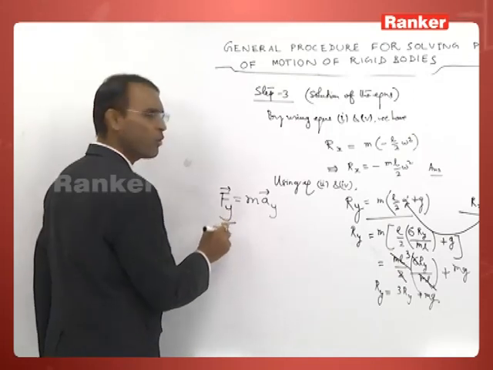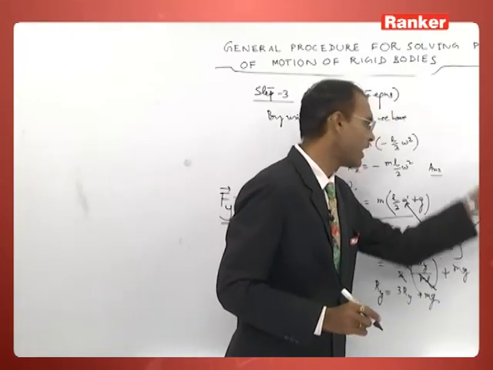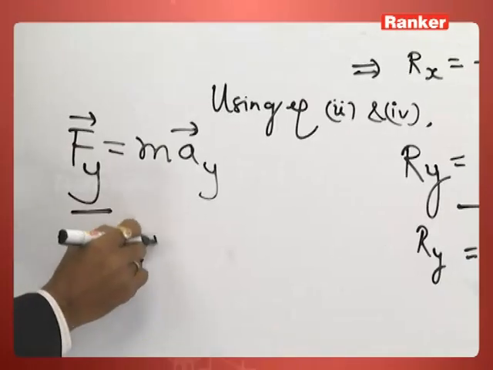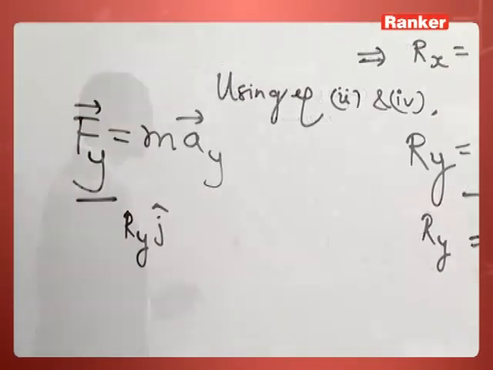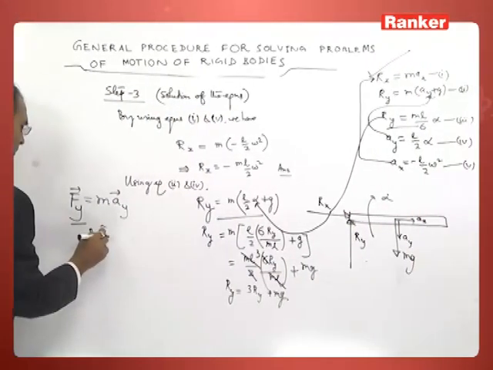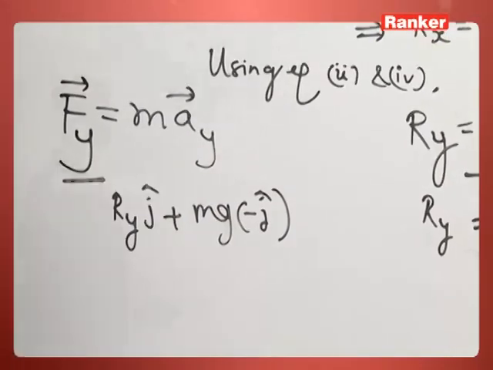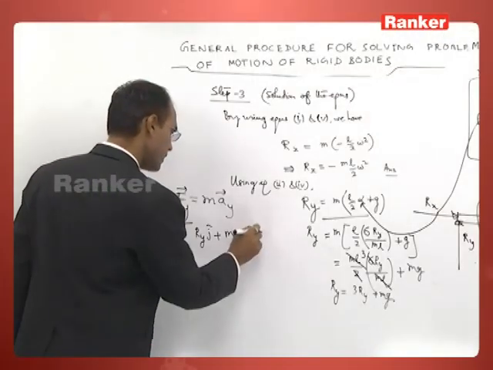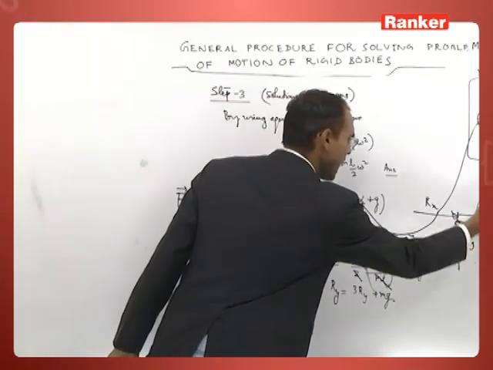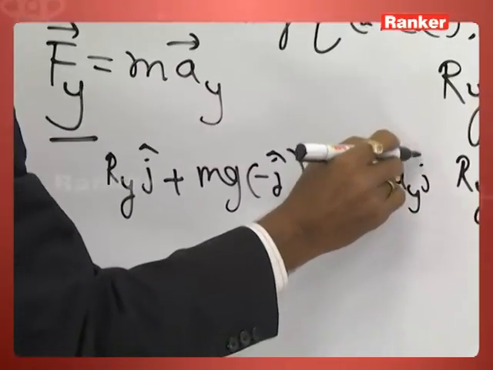When you consider the net force acting on the body along y direction, we have Ry in upward direction plus j cap, and gravity in downward direction minus j cap. That is equal to m times the acceleration of the center of mass along y direction, which I have assumed down. Therefore, it will be minus ay j cap.